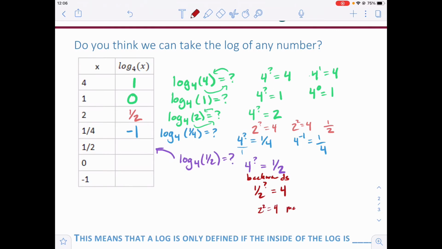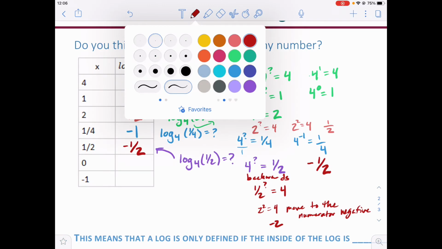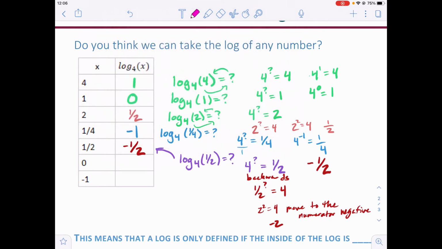We've also got to move it to the numerator, and we move it to the numerator with a negative, right? So this would be -2. But remember, this is backwards, so we're going to do -1 over 2. And so that kind of makes sense. This was 1/2 to give us a 2. 1 over was negative. This one is -1/2.